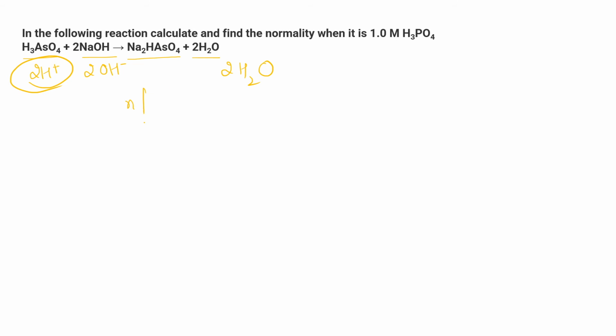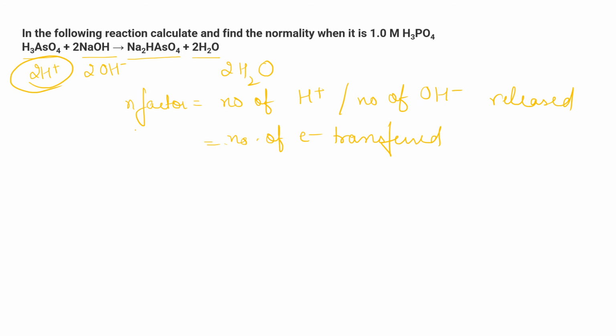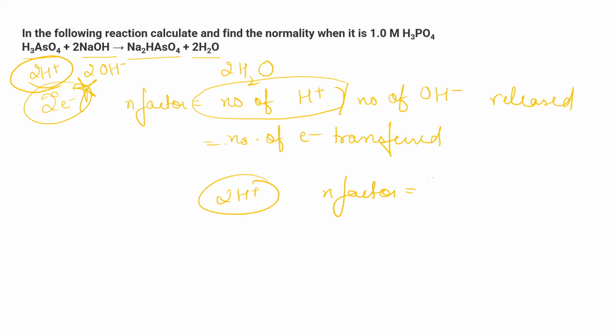Basically n factor is defined as the number of H plus or OH minus released, or the number of electrons transferred. Here 2 H plus are released and the whole process is a 2 electron transfer step. So the number of H plus released by the acid is 2. So the n factor for this arsenic acid is 2.